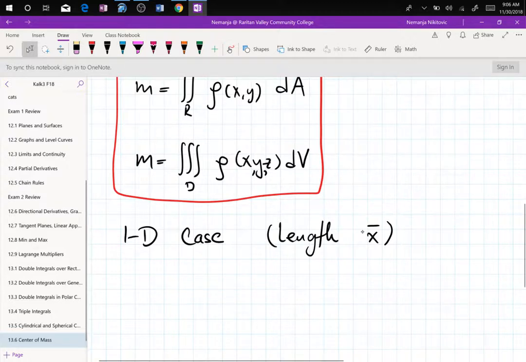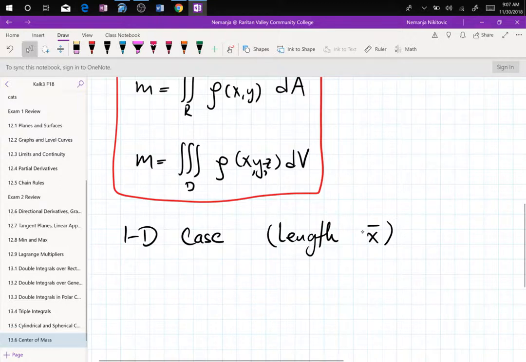So now, when we are dealing with one-dimensional center of mass, if you have uniform density, you can simply find half of the length and that's it.